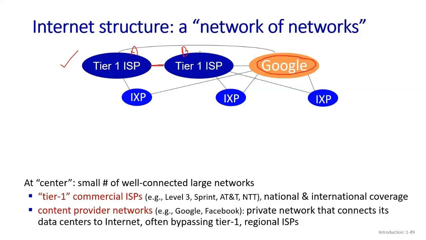When two global ISPs are connected together, there's no provider or customer relationship between them. That is to say, A in this case does not pay B for its services, and B does not pay A for its services. The content provider network, in this case Google, is connected to the global ISPs as well, and Google is acting as a customer for these global ISPs.